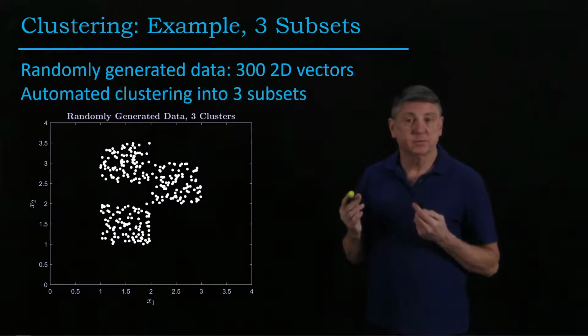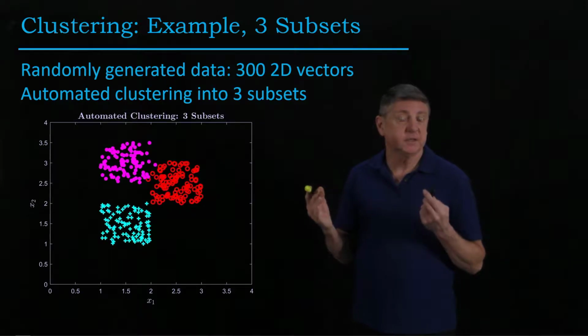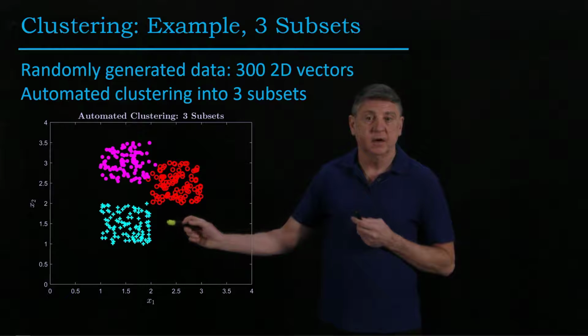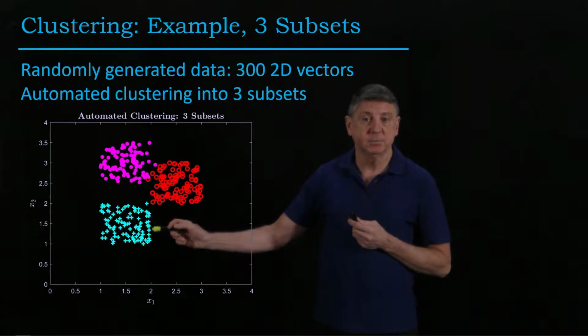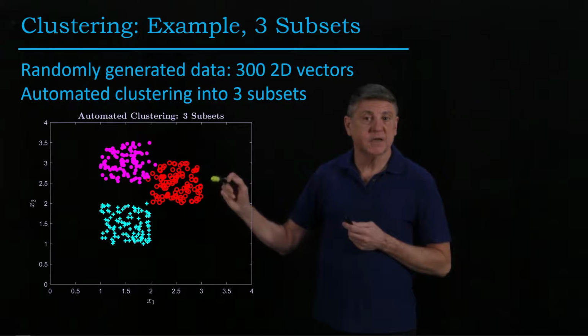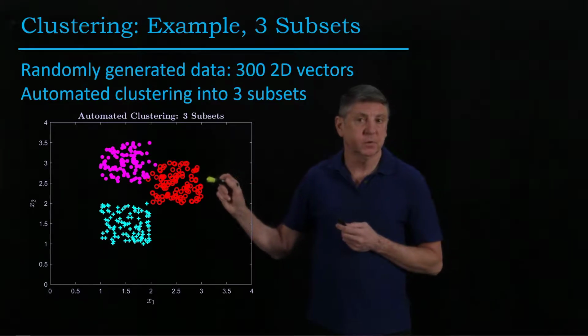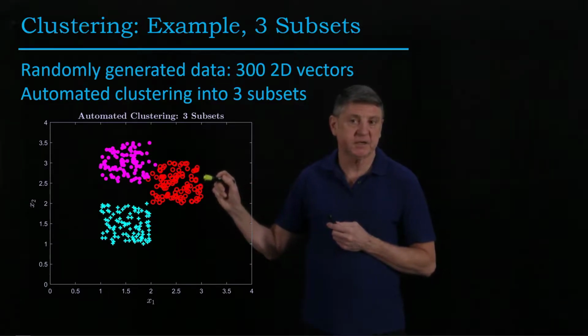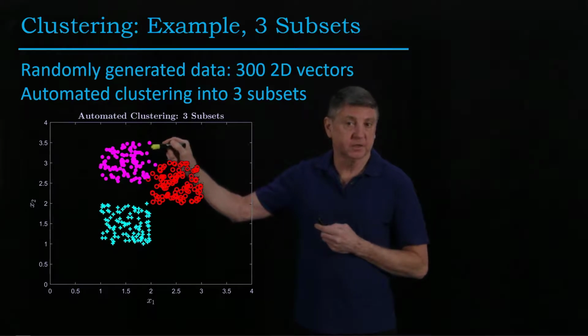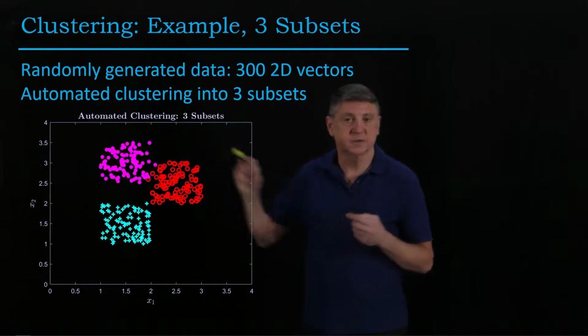And when I perform the automation, this is an example. It's continued to assign all of the data vectors in the blue to the blue, and for the red, it's assigned most of them, but we're going to have to go through a little inspection of this zone, and now in the magenta or purplish color, we have the third cluster.